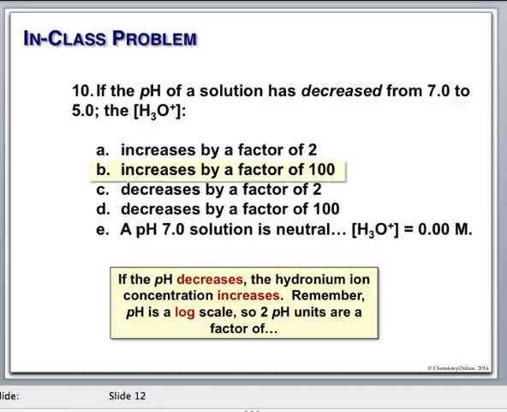If the pH goes up, hydronium decreases. If the pH goes down, hydronium increases. It's always opposite. This is 10 to the minus 7. This is 10 to the minus 5. 10 to the minus 5 is bigger, isn't it? It's bigger by 100 times.